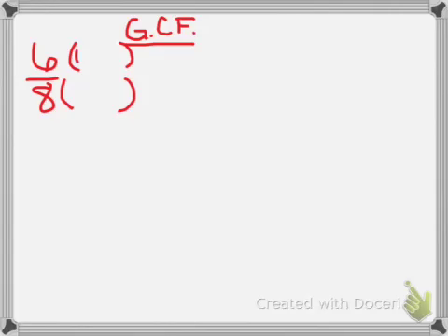So by listing the factors of 6, I have 1 and 6 and 2 and 3. Then I'm going to list the factors of 8: 1 and 8 and 2 and 4. Now the goal is to find the greatest number that they share. So the largest number they share.